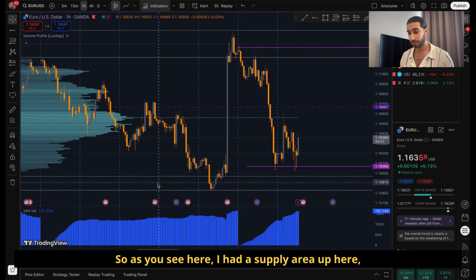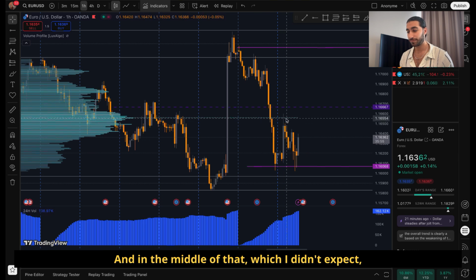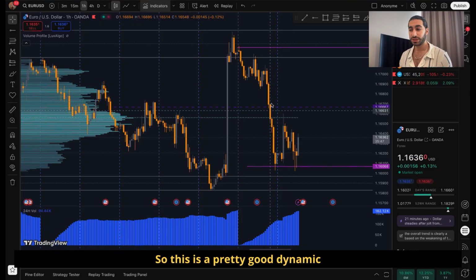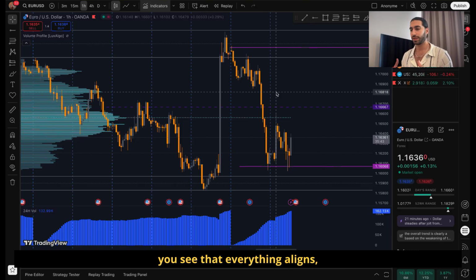So as you see here, I had a supply area up here, and down there I had the demand area, and in the middle of that, which I didn't expect, but this is how it is, I have the point of control, right? So this is a pretty good dynamic. When you actually know what you're doing, you see that everything aligns and you can take advantage of things.